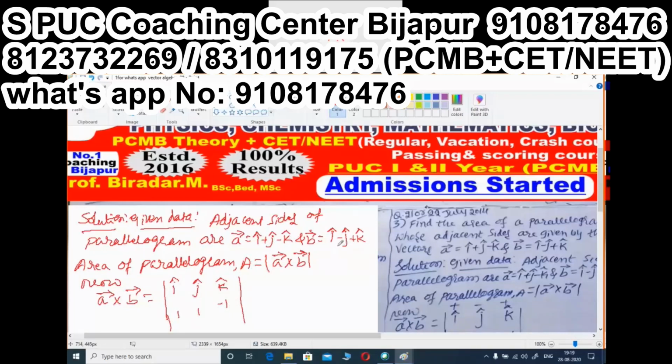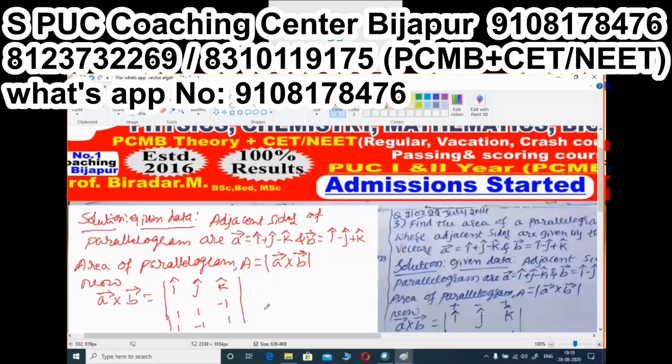For the b vector, the coefficient of i cap is 1, j cap is minus 1, and k cap is plus 1.